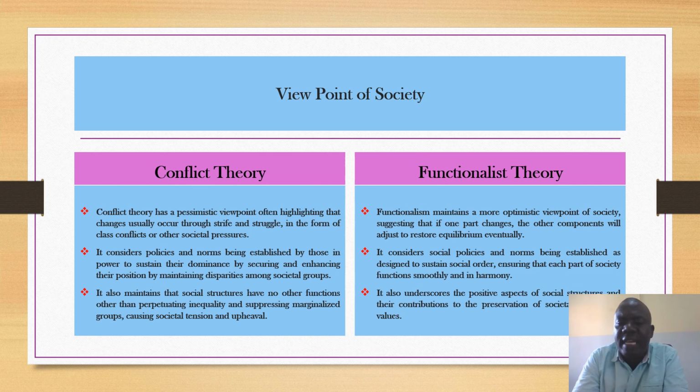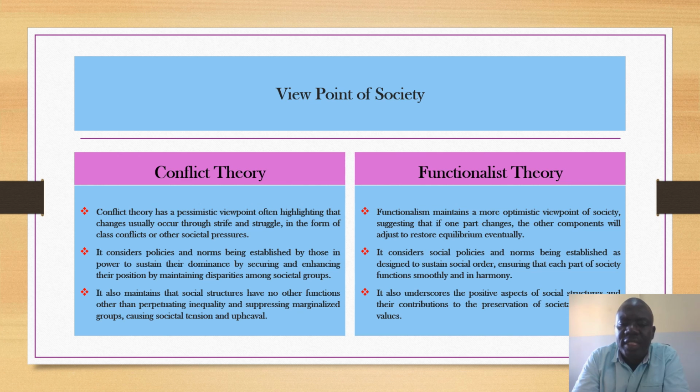And it considers any social policies and norms that establish society as being designed to sustain social order and ensure that each part of society is functioning for the benefit of the society in terms of harmony and also fulfilling the various functions that they were created to fulfill.